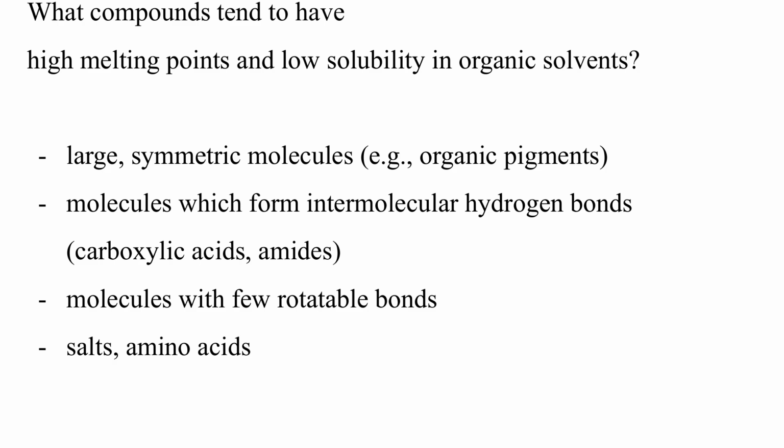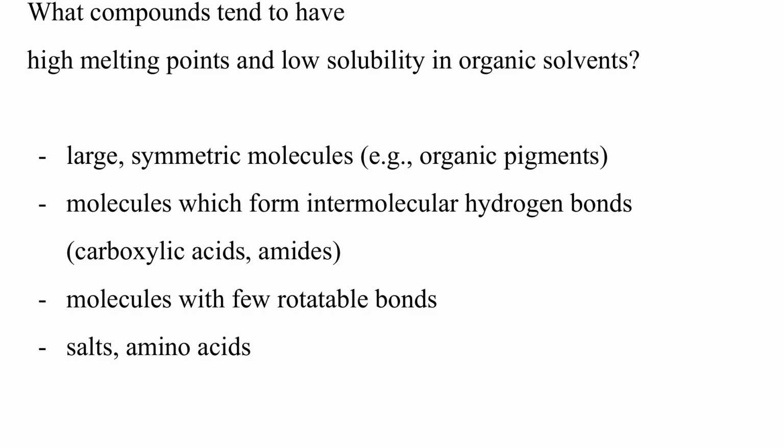So, what compounds tend to have high melting points and low solubility in organic solvents? Usually, the larger the molecule, the lower its solubility. Then, compounds that form intermolecular hydrogen bonds, for instance carboxylic acids or amides, also tend to behave like larger molecules.